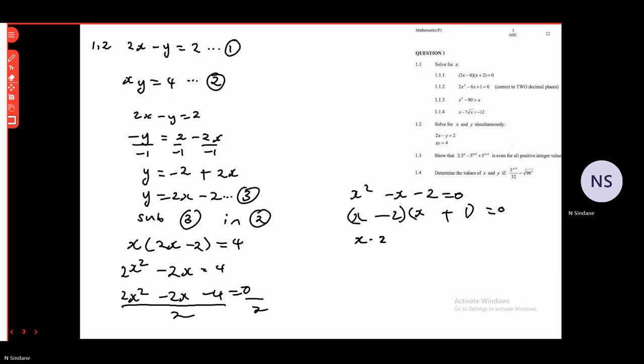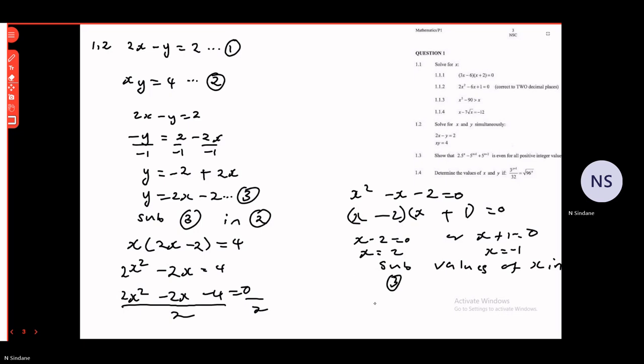And then x minus 2 is equals to 0, or x plus 1 is equals to 0. Then x is equals to 2, while x is equals to -1. Then substitute the values of x in equation 3.